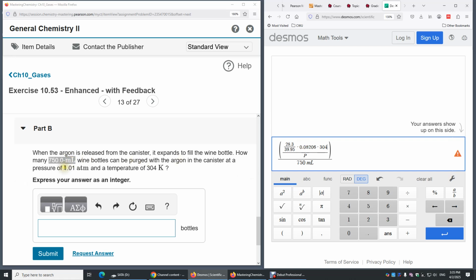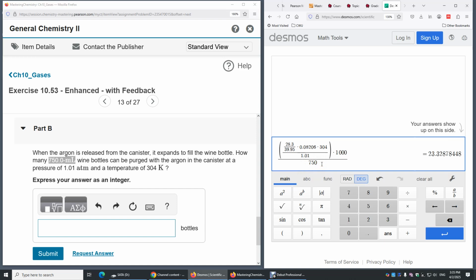Pressure here is only 1.01. We're not done here because the top is going to be in liters. We can convert it to milliliters and then divide it by 750 milliliters. This is the setup.